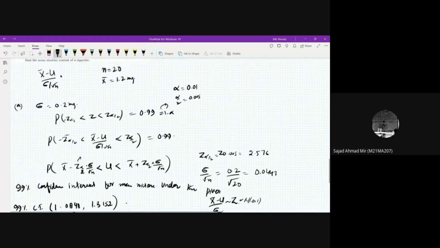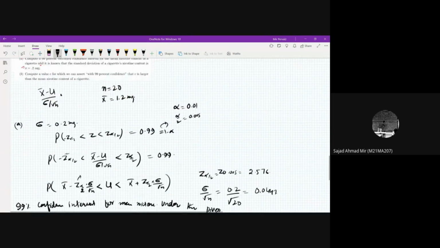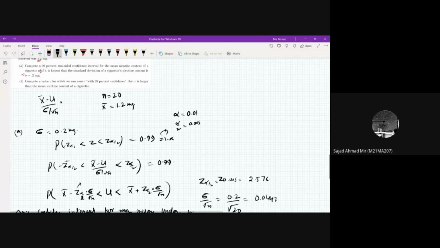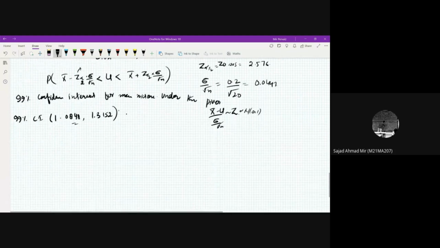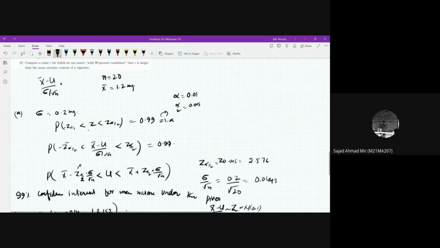Then there is also a next part for this, which is about a bound. I will quickly go through this part, and some of the other questions will be done by Anil. So the other part is saying that we have to compute a value for which we can assert, with 99% confidence, that C is larger than the mean nicotine content.